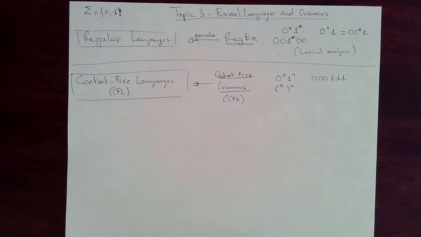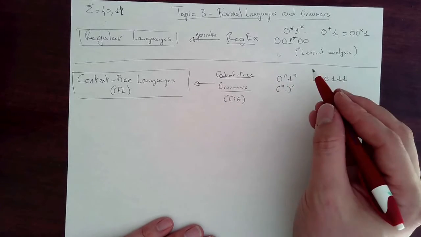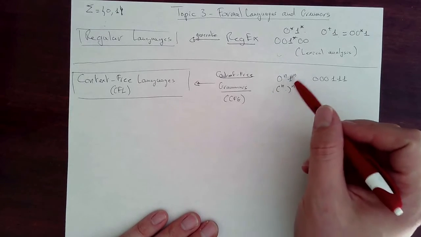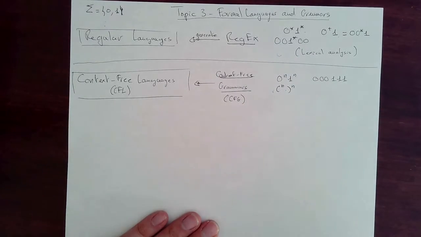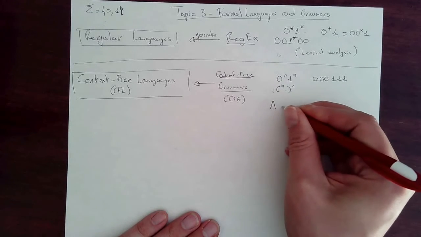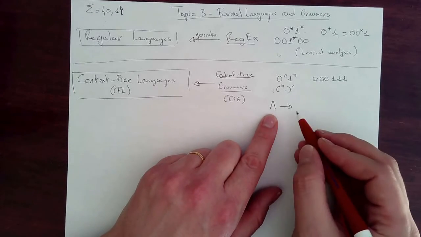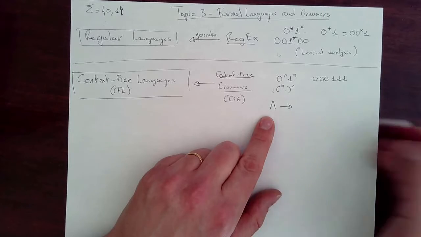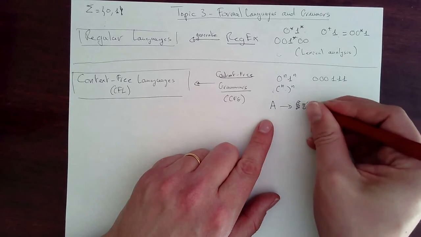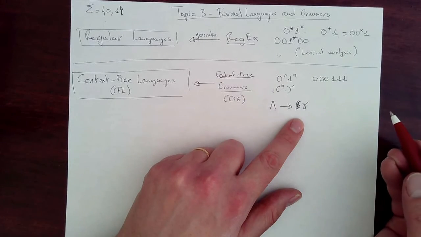And so context-free grammars consist not really in this kind of format, because that doesn't represent well everything you can do with context-free grammars. Context-free grammars always consist of variable formation rules, with a rule being always on the left a variable, and on the right any string of terminals and variables.